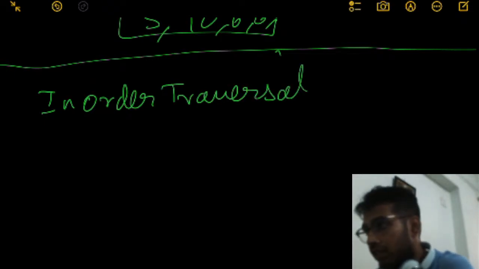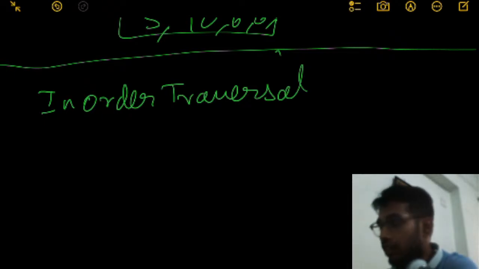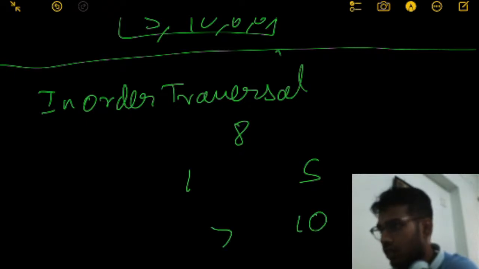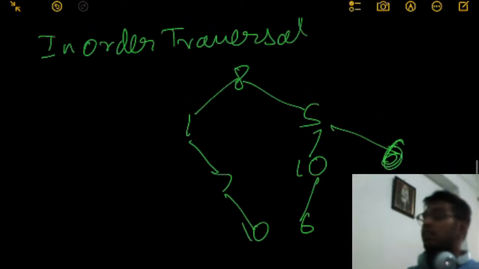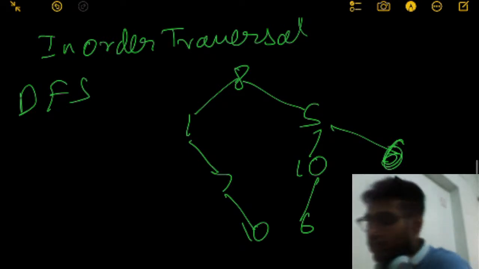So again, we have a tree whose InOrder traversal is required. So we have 8, 1, 5, 7, 10, 10, 6, 6. You get it. This is the right child, this is the right child, this is the left child of 5, this is the left child of 10, this is the right child of 5, this 6 right here. And these two are the left and right children of 8 respectively. So again, it's a depth first search traversal, so we're going to need a stack.